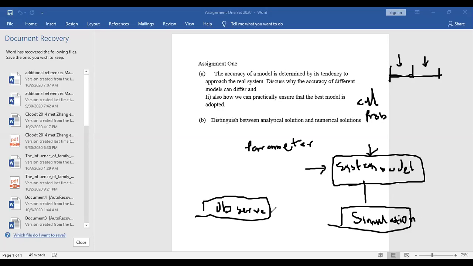So in ensuring accuracy, one step is to conduct validation, which means comparing simulation data with real world data to ensure that they are similar. Then another way of ensuring it, like I said, as for the choice of the base model, there is nothing you can do about it.